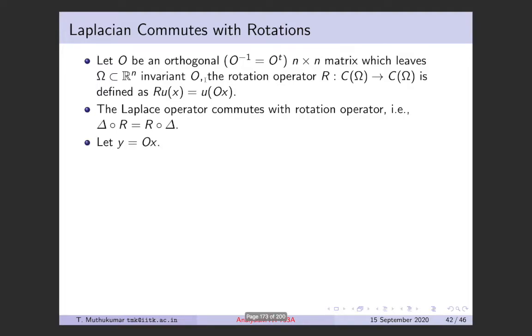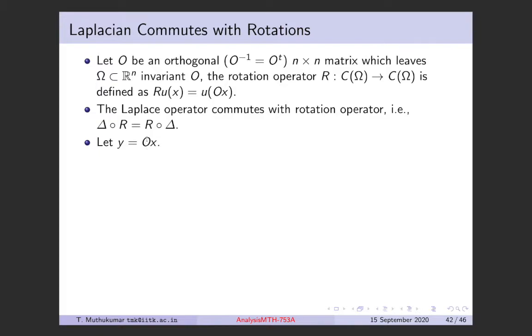To start with, let's fix y as the rotation of the vector x. So if you take an x and rotate it using this matrix O, then the new vector after rotation, let's call it y. What are the components of this y?